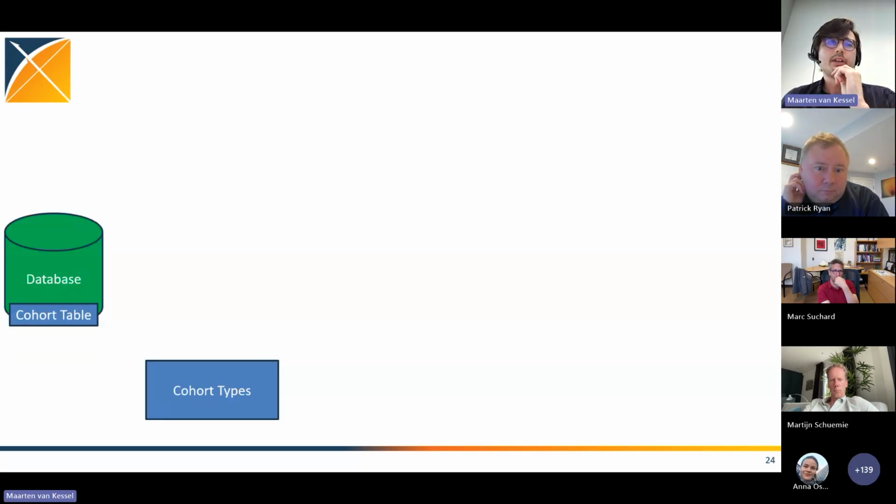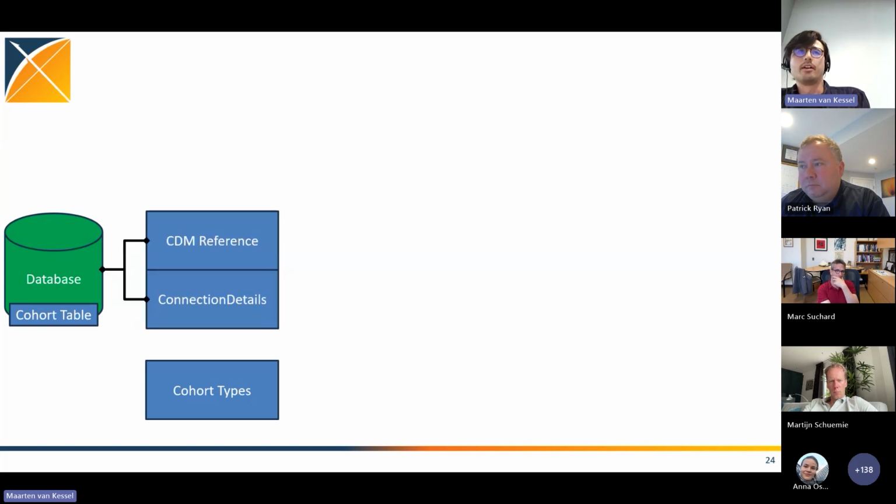So with these 2 things set, we have our database with our generated cohort table, and we have our separate table that indicates what each cohort is. We can then interface with the database using either a CDM reference from CDMConnector or connection details from DatabaseConnector.